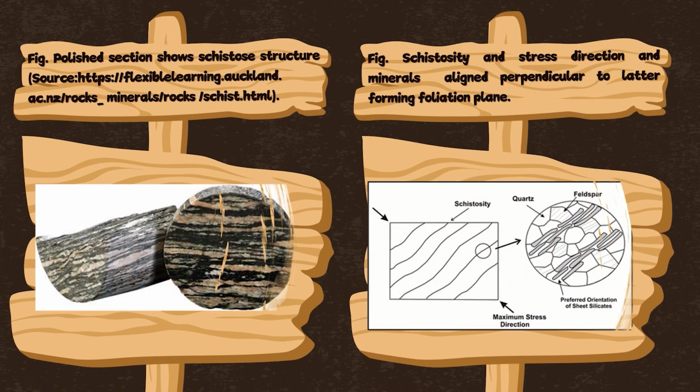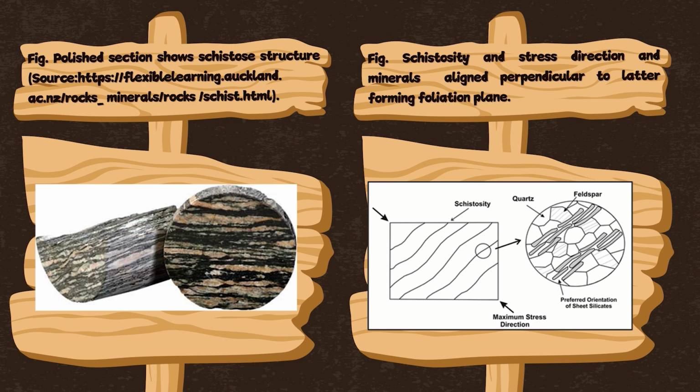See here, there are two diagrams. The left hand side diagram, which shows the polished section, shows schistose structure. In this case, you may find schistose structure very clearly shown, and schistosity and stress direction and minerals aligned perpendicular to later forming foliation plane is shown in the sketch here.